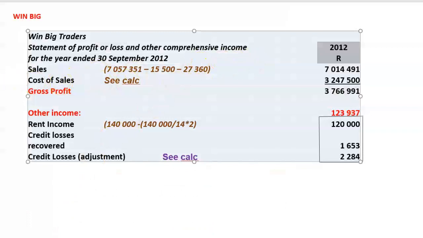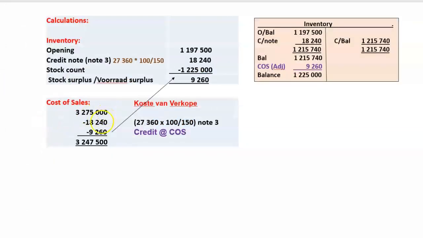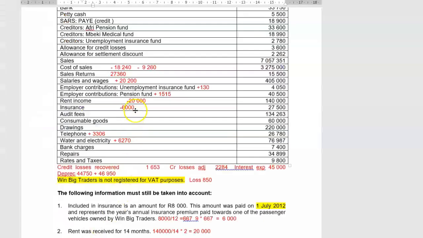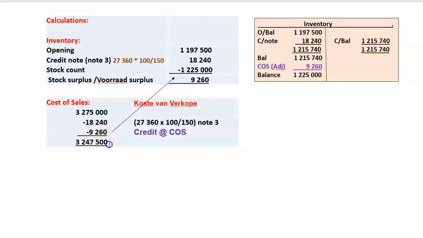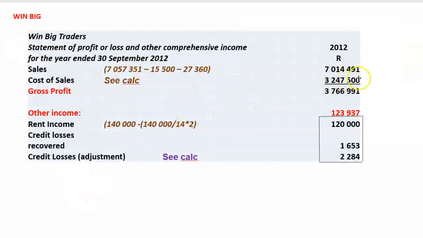Cost of sales would have been the original amount of 3275 less 18240 less 9260, and that will give us a total of 3247,500. That gives us then gross profit of the difference between the two, 3766,991.